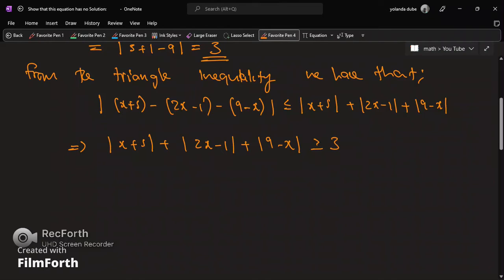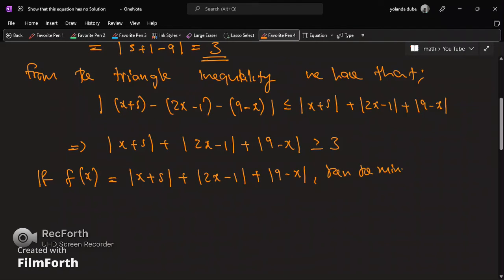So if f of x is equal to this function on the left hand side, then the minimum value of f of x is 3. So this is what we achieve now.